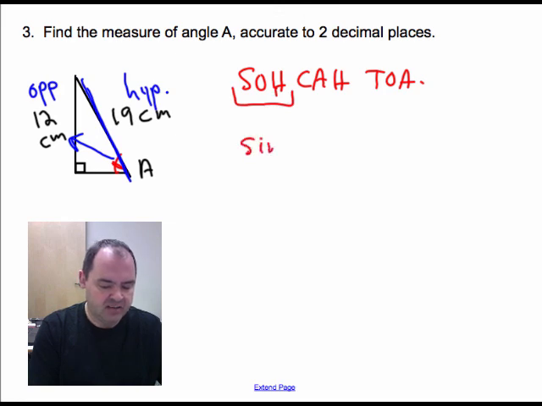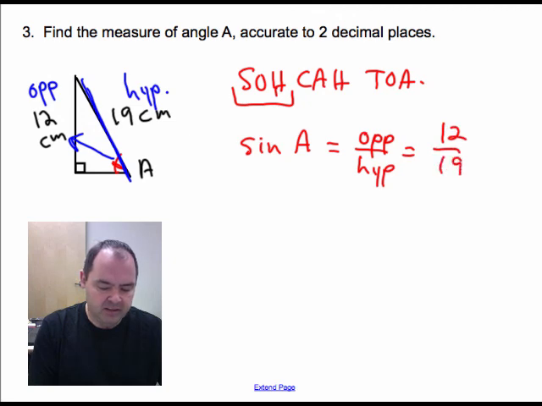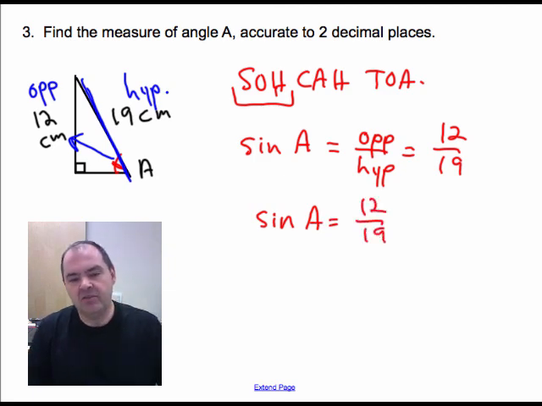So the sine of what angle? Well, in this case we don't know the angle, so we will simply place the variable for that. Sine of angle A is opposite divided by hypotenuse, which is 12 divided by 19. So the sine of angle A has a ratio of 12 over 19. So this is one of those situations where we need to go in reverse.